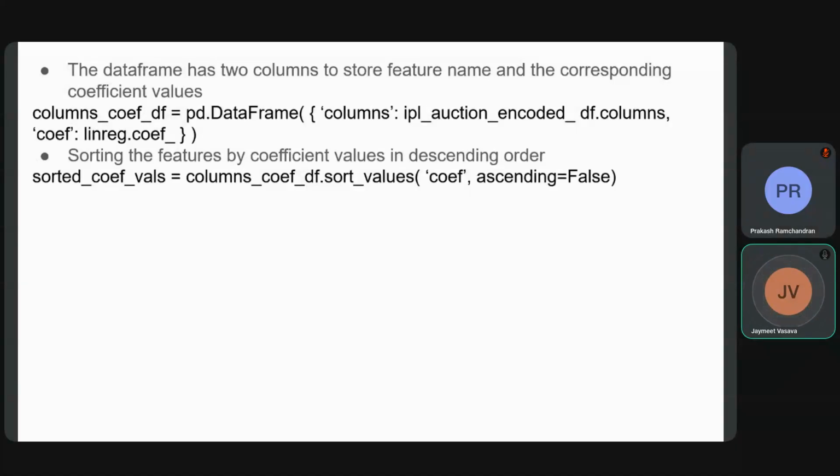So we'll be trying to see which are the most effective coefficient values from the IPL auction encoded DF. We get the coefficient values from the model that we have trained and sort them in descending order so we get the highest values first.